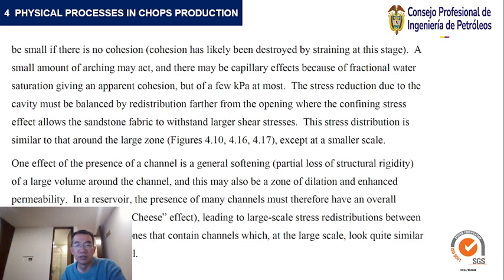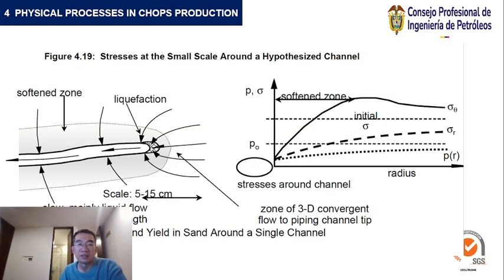In a reservoir, the presence of many channels must therefore have an overall softening effect, leading to large-scale stress redistributions between inactive reservoir zones and zones that contain channels which, at large scale, look quite similar to the compaction growth model. And this figure shows us the stresses at a small scale around the channel.